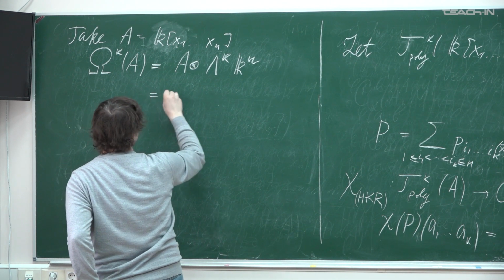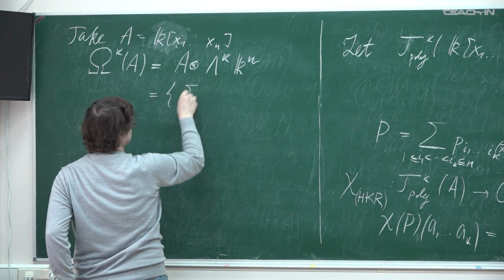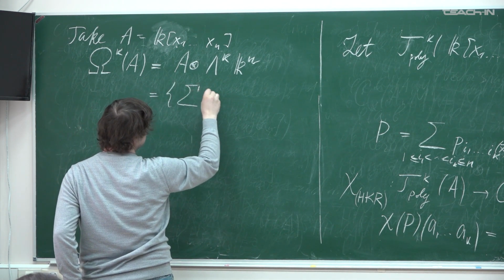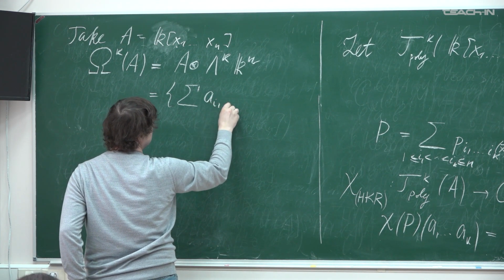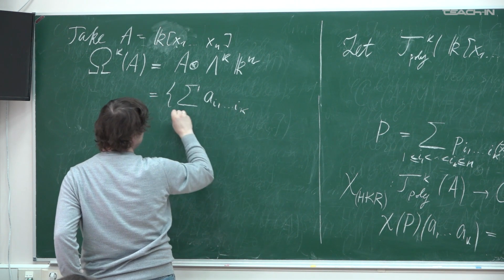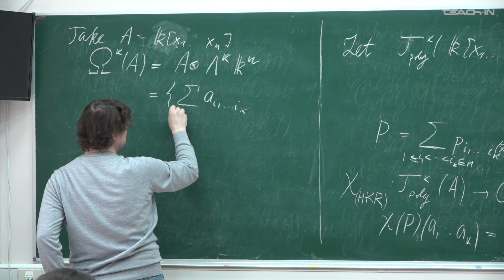Roughly speaking, it is the space of all formal sums of a_{i1...ik}(x), some polynomials, times dx_{i1}, ..., dx_{ik}, with the same set of indices.